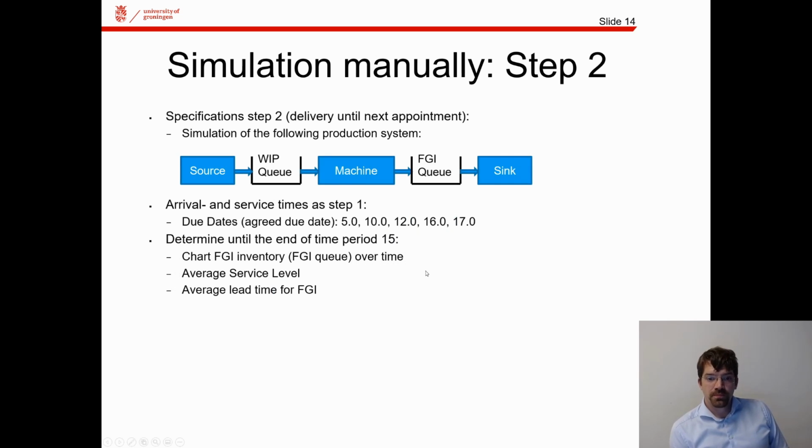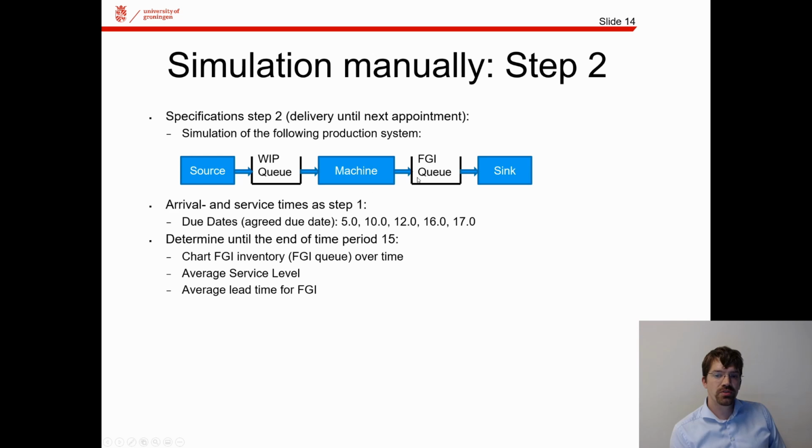So for homework, I am not going to judge this homework, but you will most likely get a manual simulation for your exam. So I highly recommend that you calculate step 2 by yourself.